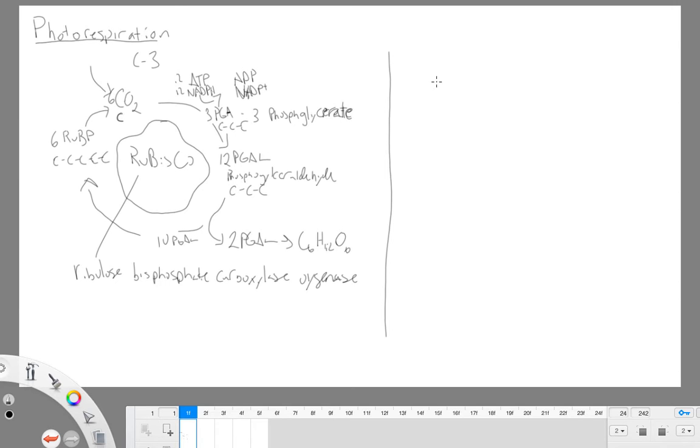So what happens here with photorespiration is we have oxygen that is starting this process. So instead of our carbon dioxide, we have our 6 O2. And just like with the regular Calvin cycle, a first step is that it combines with our 6 RuBP.